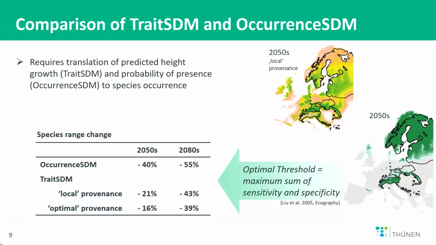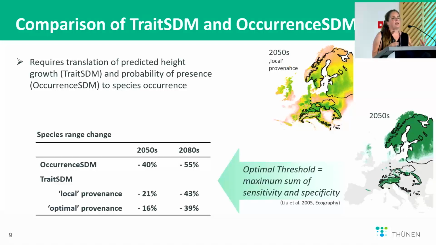So in order to compare these, we had to translate the probability of presence and the growth to a binary occurrence, so 0 and 1. And we did that by defining the optimal threshold, so the maximum sum of sensitivity and specificity, which is frequently done in the literature for the occurrence SDM.